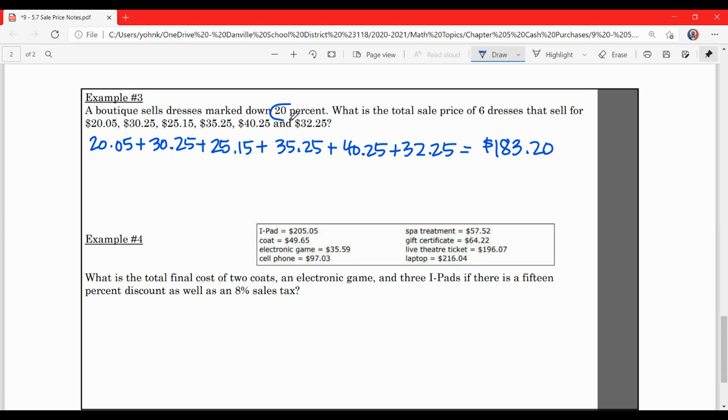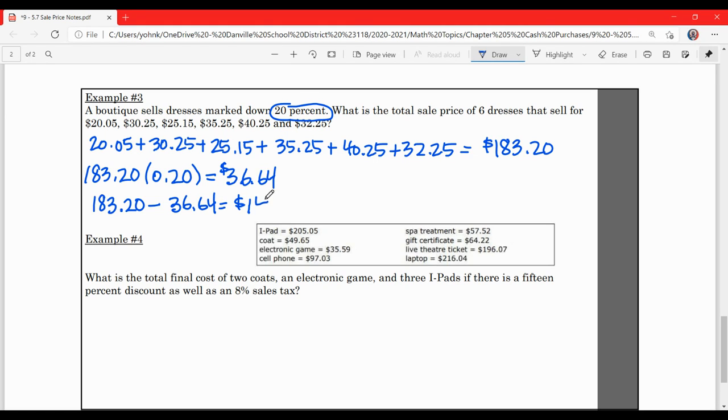Then each of them is 20% off, so I can take the total 183.20 and multiply by 0.20. That's going to give me a markdown of $36.64. So to find the total sales price, I can take 183.20 and subtract off 36.64. That's going to give me a total sales price of $146.56.